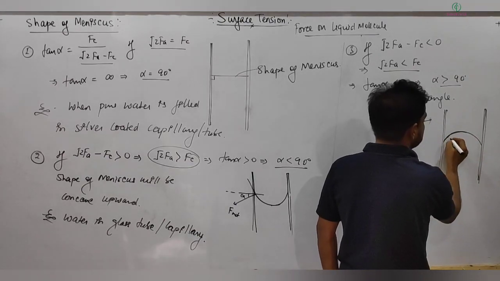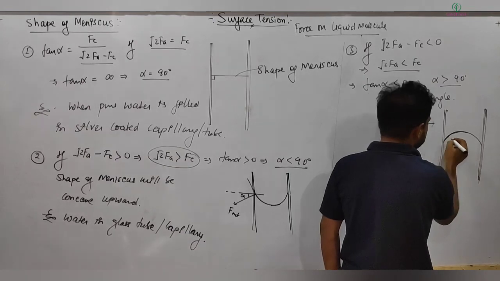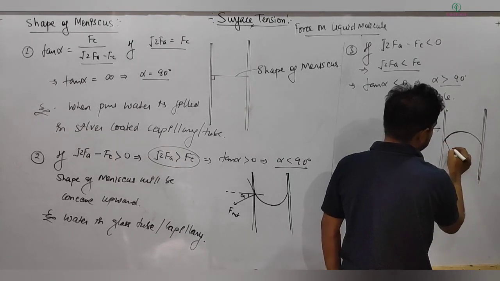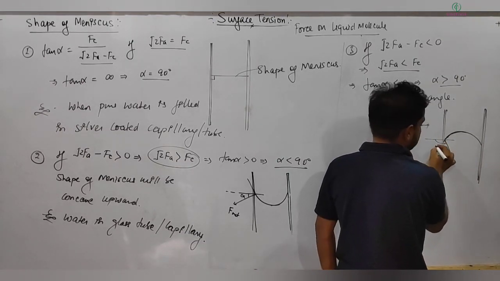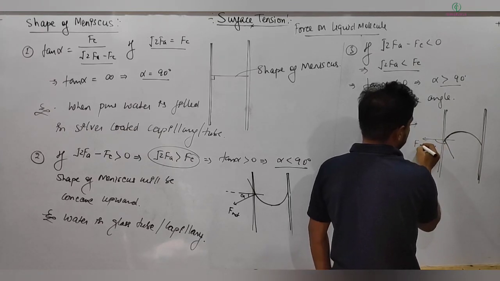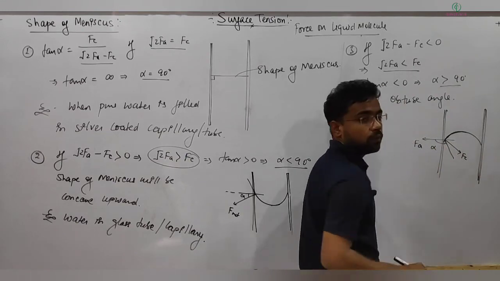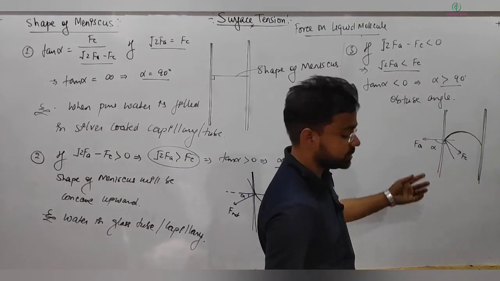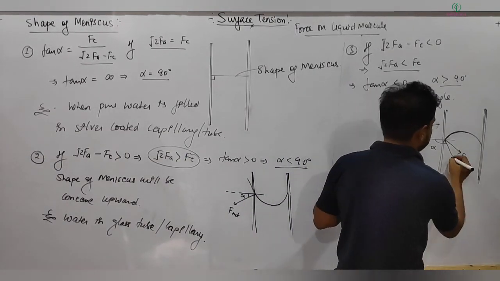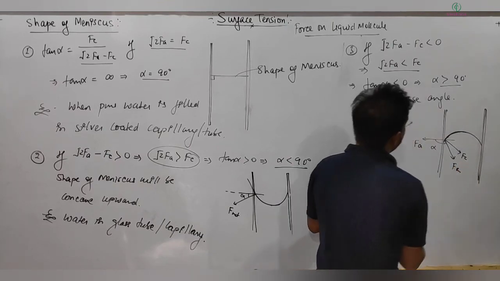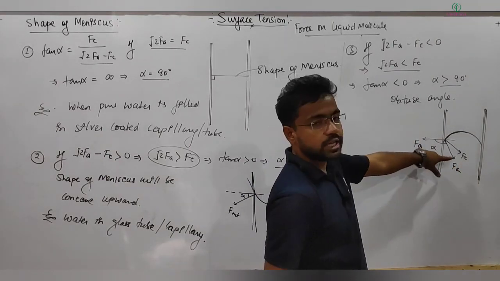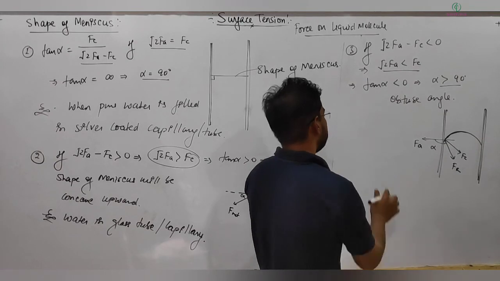So in this situation, you can see the net force is directed here. So this is alpha, this is F adhesive, F cohesive, this is alpha where it's greater than 90 degree, obtuse angle. So this is F resultant, and the shape of meniscus will be convex upward.